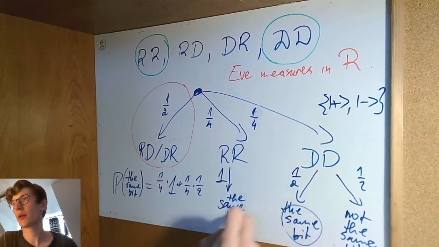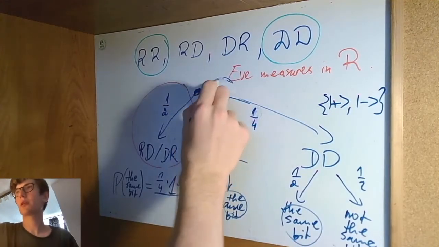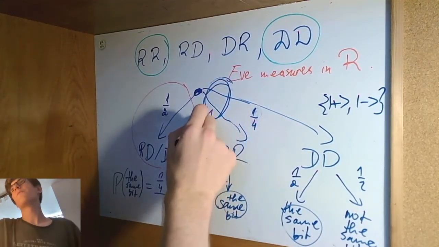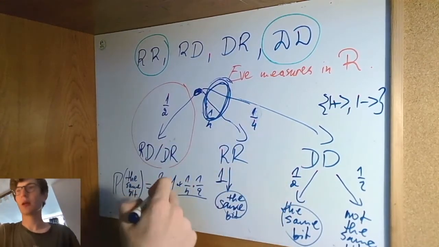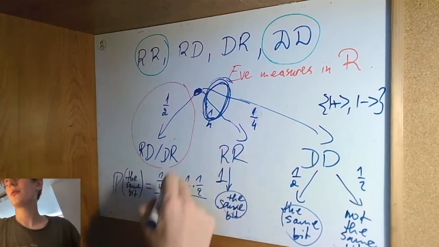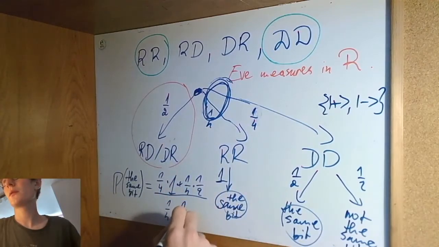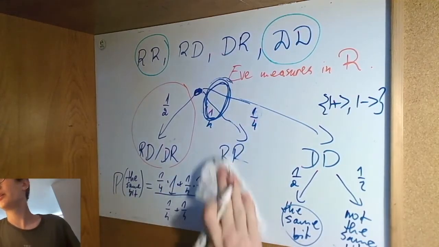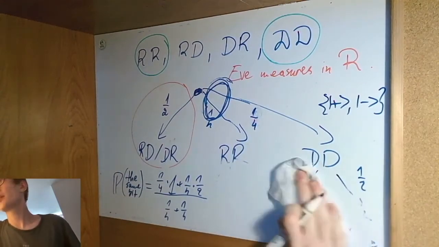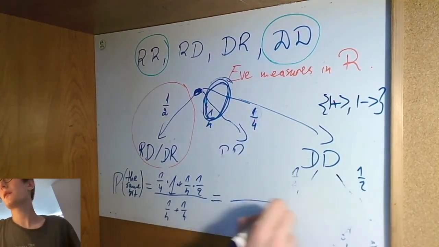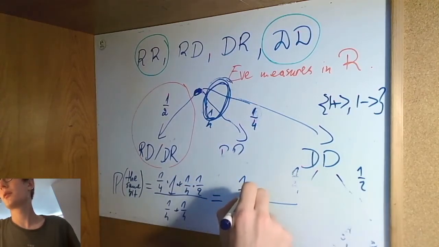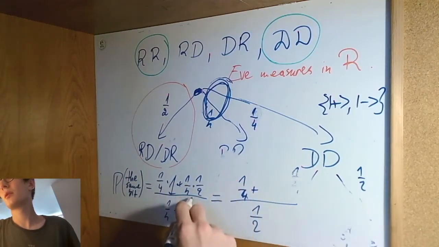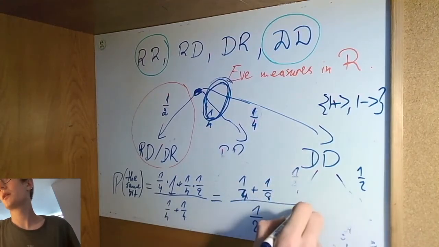Because this is what we want to get. And we divide it by the probability of getting a bit to the key. So it's 1/4 plus 1/4. Okay, I'm going to erase this to make more space. And this is 1/2. Here, 1/4 plus 1/8.